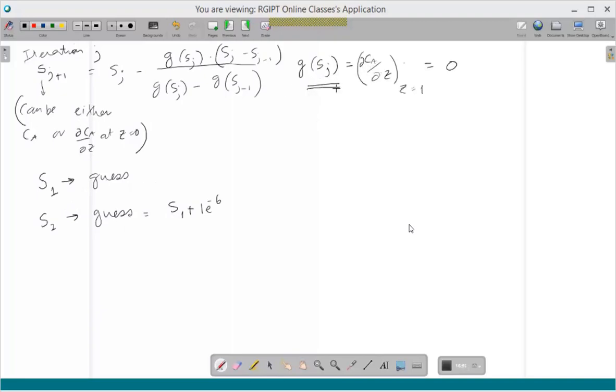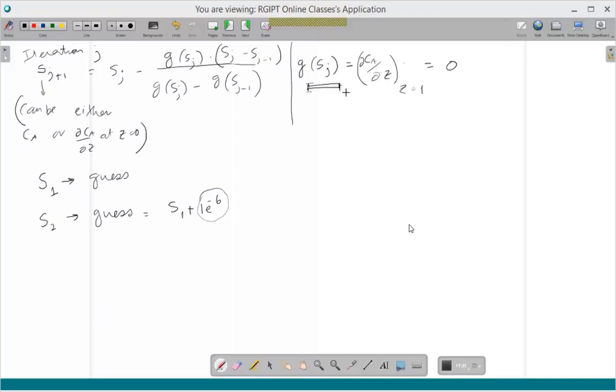At the other end, my condition improves or worsens. That's what I want to find out, right? If I change a little bit over here, the initial guess, at the other end, does the condition improve or worsen? That is basically the change in G. Ideally, if G increases in magnitude, your condition is becoming worse.